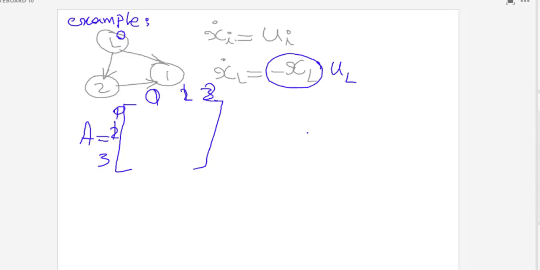We call the agents 0, 1, 2. Okay, 0 to 1 is 1, 0 to 2 is 1, 1 to 0 is 1, 1 to 2 is 0, 2 to 0, 2 to 1 is 1. This is A. And what about D?